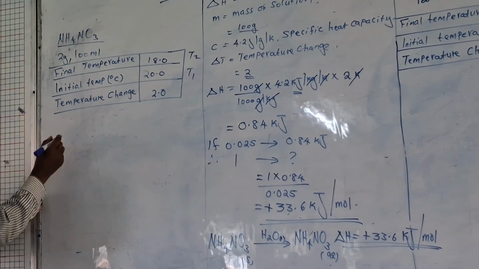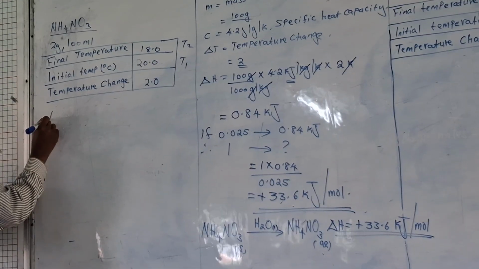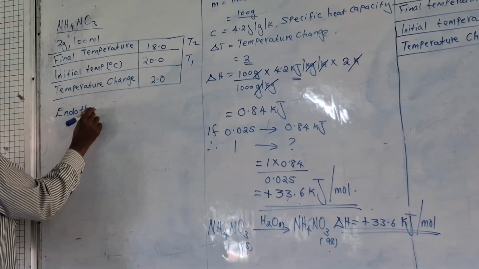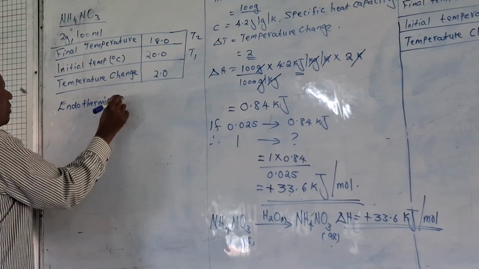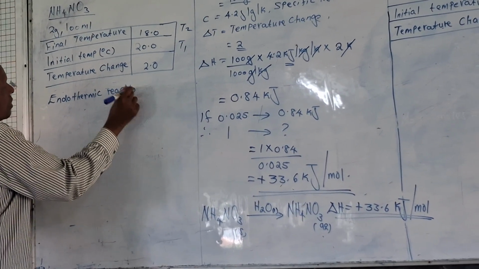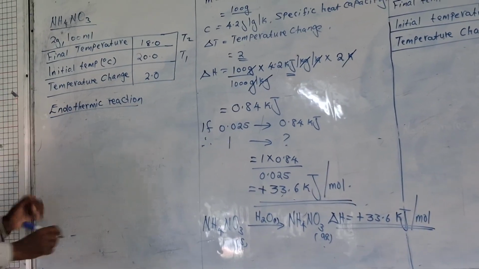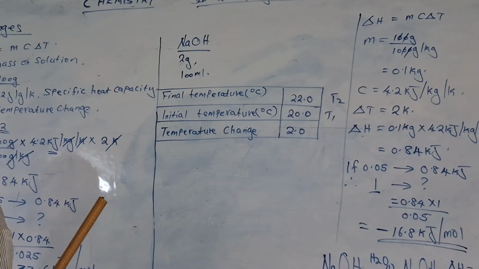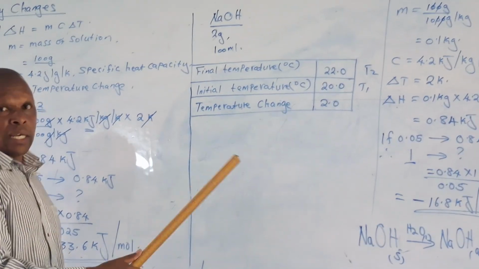So here, ammonium nitrate dissolution is an endothermic reaction. We move to the second one, sodium hydroxide. Is it endothermic or exothermic? Exothermic. So this one is going to be exothermic.